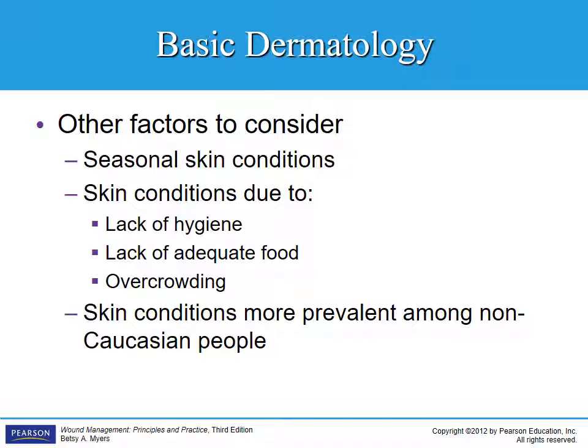There can also be skin conditions due to lack of hygiene, lack of adequate food, and overcrowding. Skin conditions are more prevalent amongst non-Caucasian people, because if you think of the population of the world, more non-Caucasian people live in crowded conditions with lack of hygiene and adequate food.